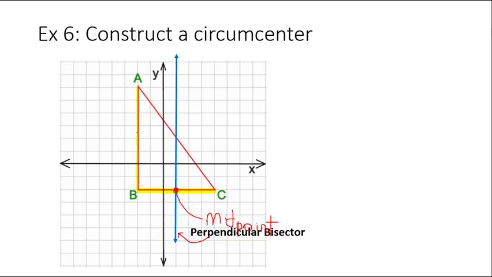So we just count the number of sides, the length of AB. So there's 1, 2, 3, 4, 5, 6, 7, 8. So 8, so that means if you go up 4, 1, 2, 3, 4, right here is my other midpoint.